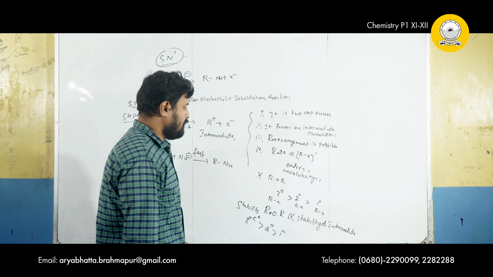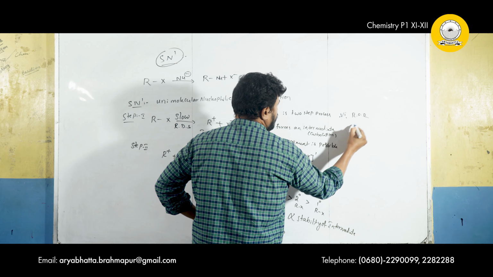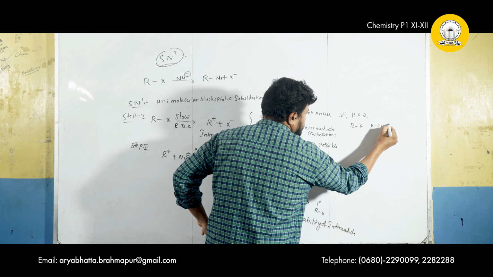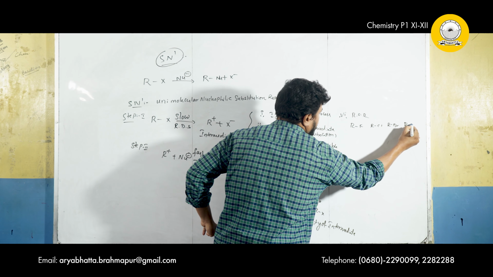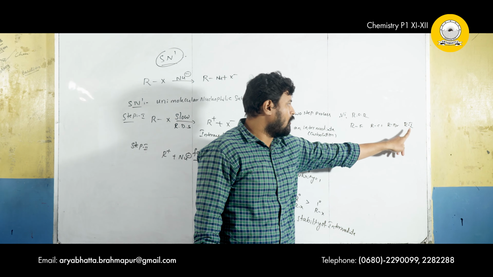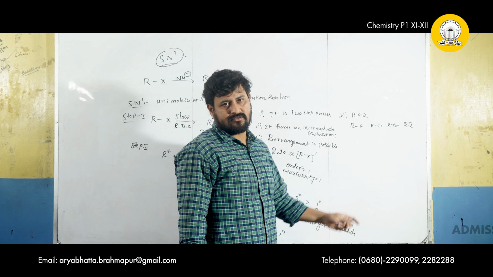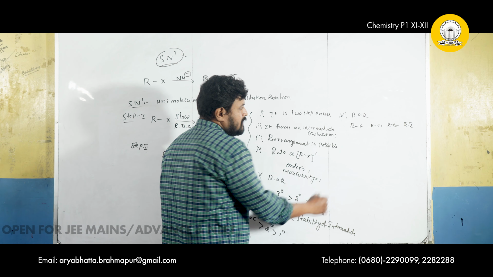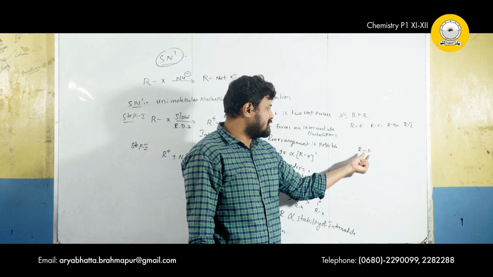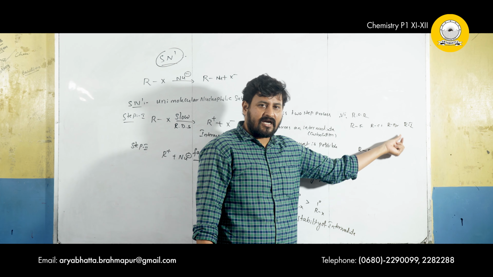Another important point is the reactivity of alkyl halides: RF, RCl, RBr, RI, that is alkyl fluoride, alkyl chloride, alkyl bromide, alkyl iodide. In that case, which one has the highest rate of reaction? In terms of the R-X bond length, the size of R will be the same in all cases, but the size of the halogen is different.